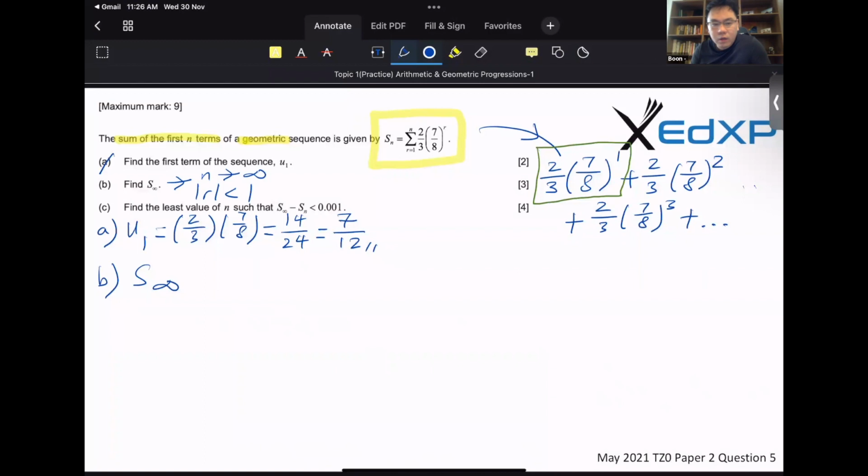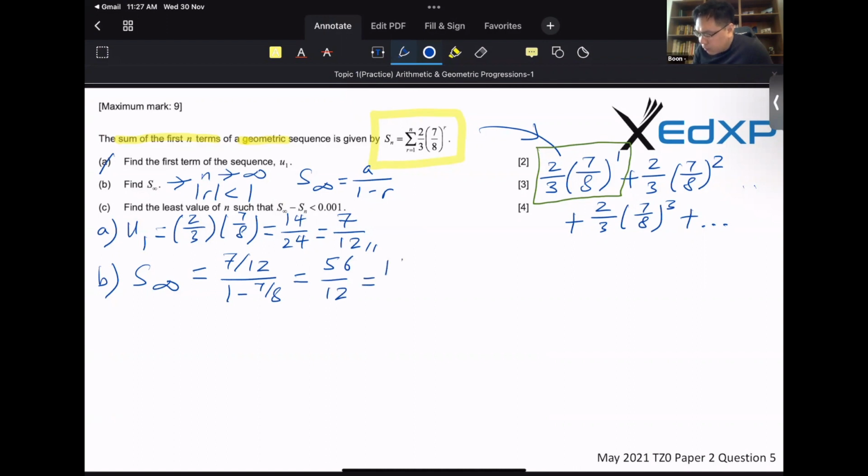In order for the sum of the geometric sequence to converge to a finite value. And we know the formula is given by a over 1 minus r. So I can proceed to substitute it in. The first term is 7/12 divided by 1 minus, common ratio is 7/8. Okay, so this gives me 56/12.